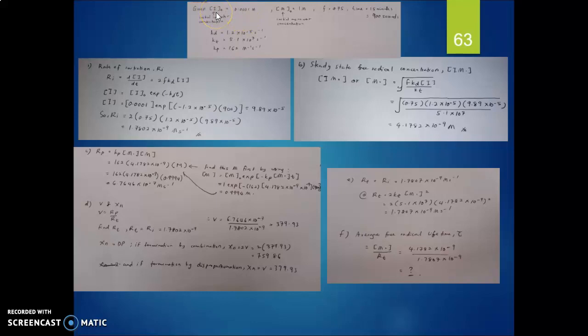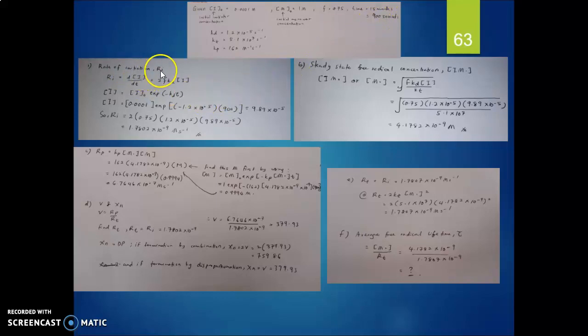So given that the initial concentration of the initiator is 0.001 molar, the initial concentration of monomer, given by M naught, is 1 molar, the initiator efficiency is 0.75, and time is 15 minutes, which you need to convert to seconds, so we get 900 seconds.